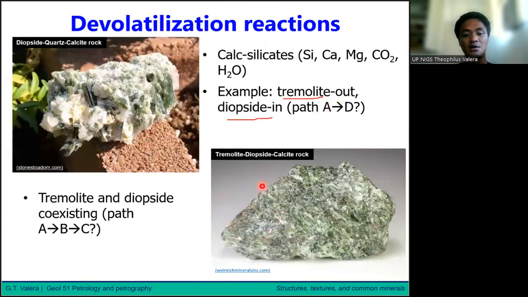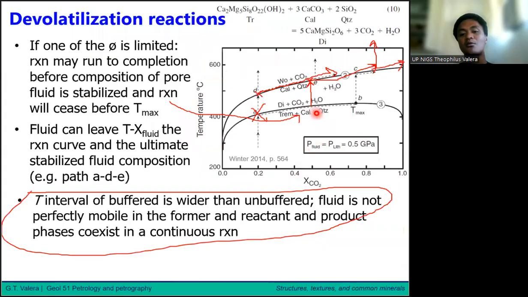For example, here, you don't have quartz. So quartz could have been your limiting agent. You have tremolite, calcite, and quartz reacting to form diopside, but quartz was the limiting agent. The quartz was used up first, so when the quartz was gone, you end up with diopside, tremolite, and calcite.